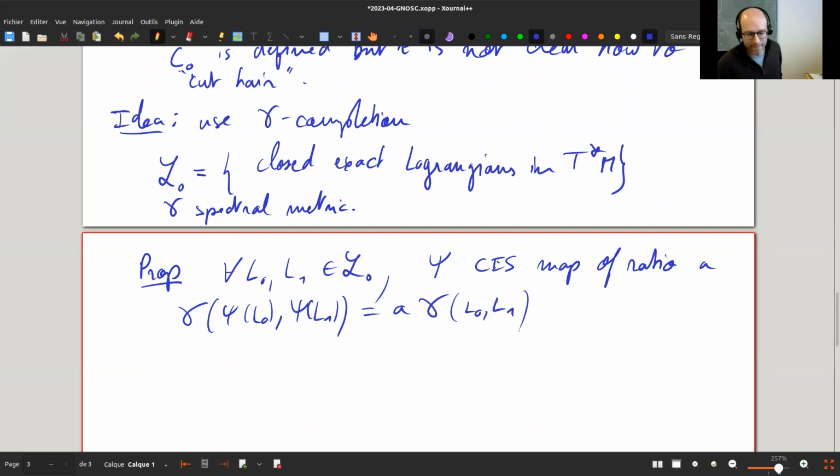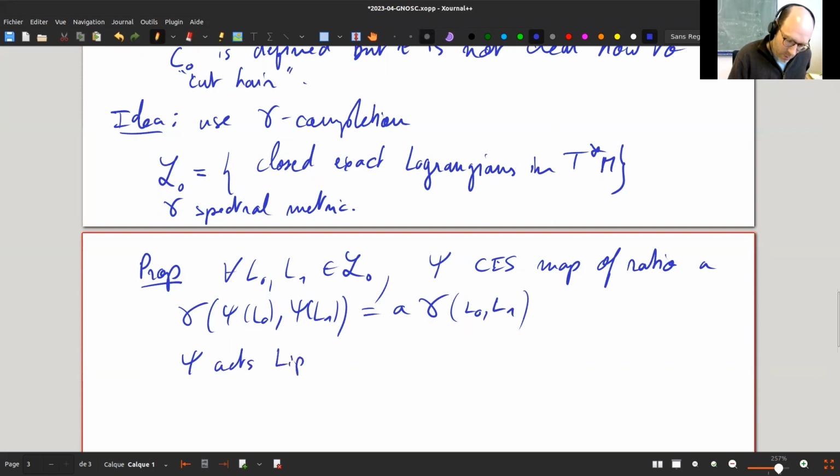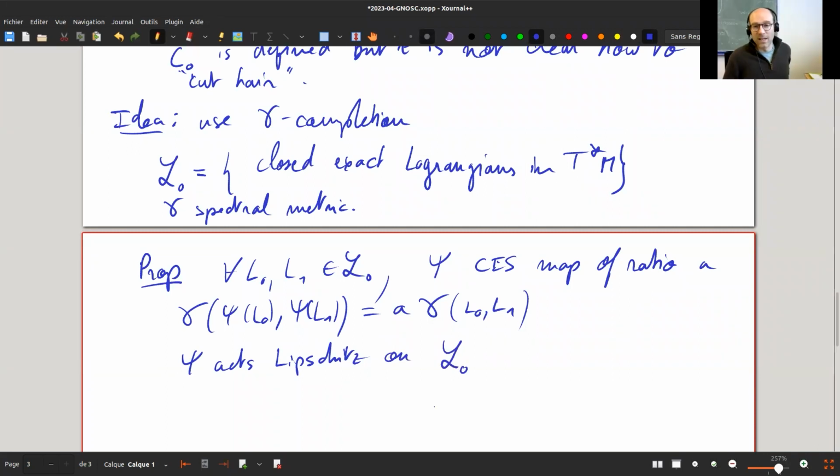In the symplectic case, we saw in the talk of Claude that psi acts as an isometry. Here, it's not an isometry, but it's Lipschitz. Psi acts in a Lipschitz way on the completion of L0, and so it extends to the completion.